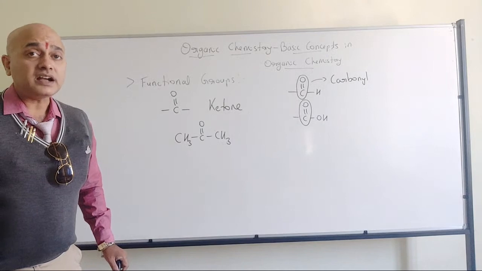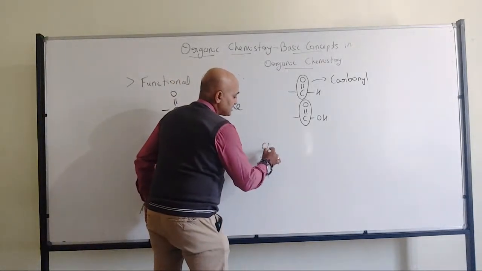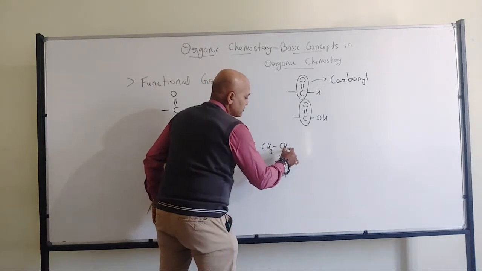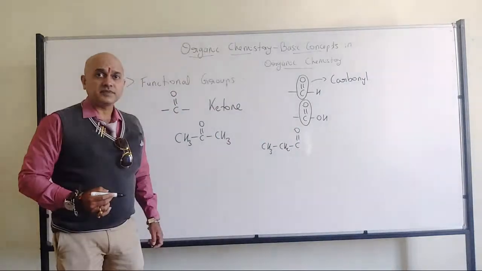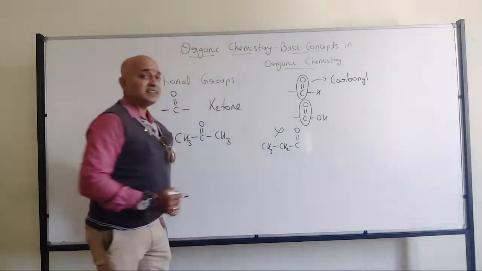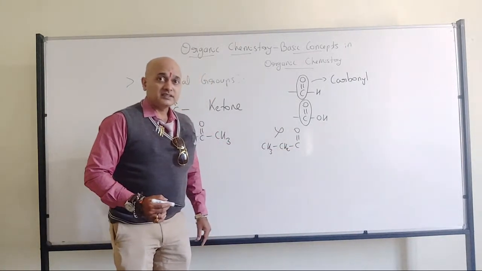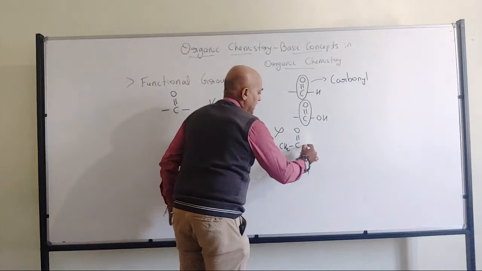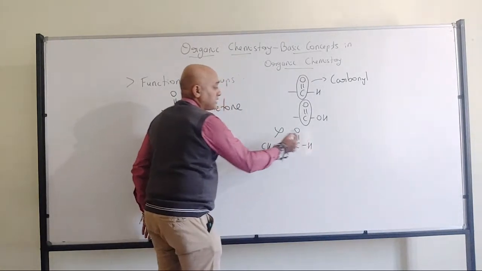For example, CH3CH2CO cannot exist, because carbon is having only 3 bonds here. Sir, give one hydrogen, sir. Okay, I will add one hydrogen. Now it is no more a ketone group, it is an aldehyde group.